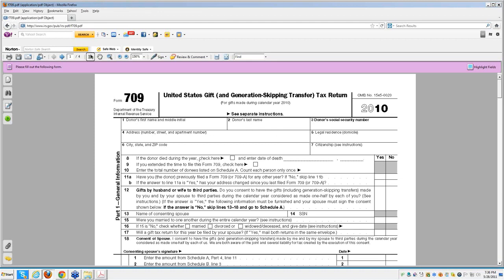So then you don't put anything in the address? Well, you put your address, which is the number and the street. Then you put your city, state, and zip code here, and your citizenship here.